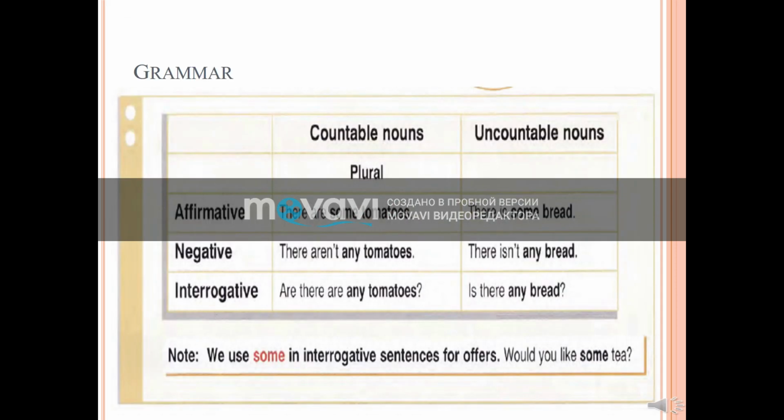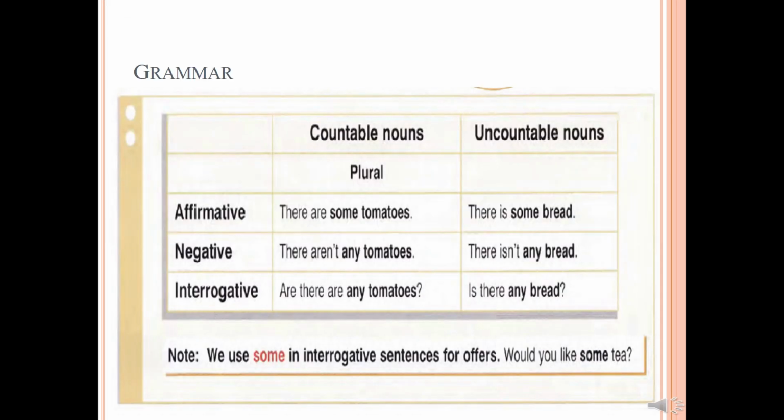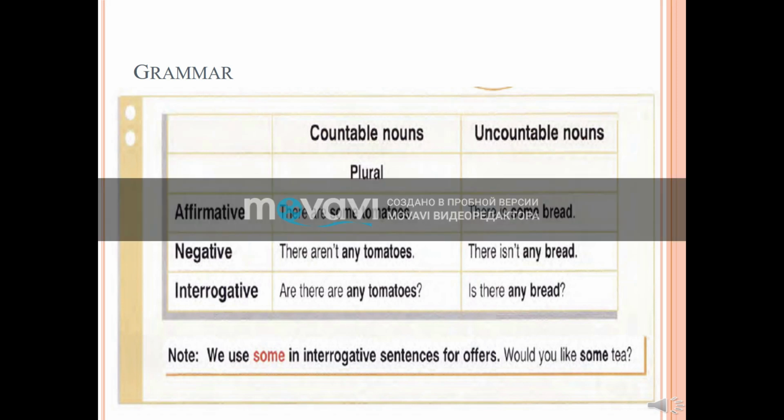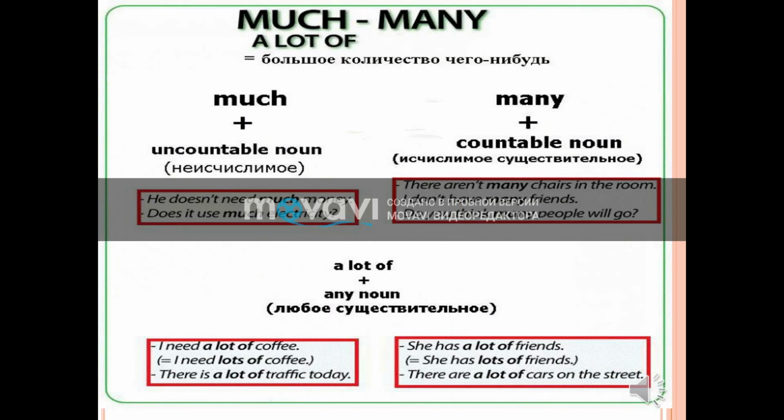And today we shall have grammar: some, any, much, many, a few, a lot of. With uncountable nouns, well, these refer to something that can't be counted and they don't normally have a plural form.